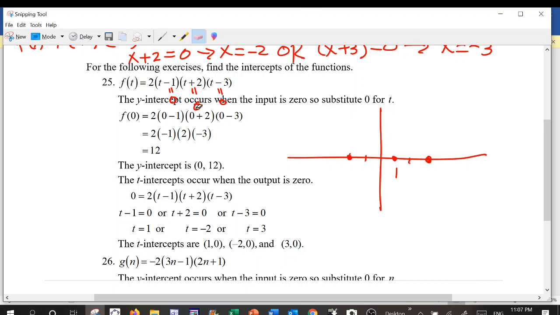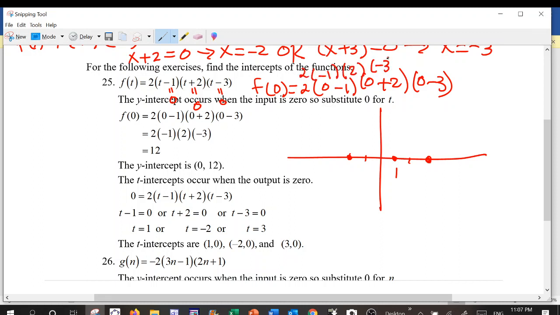And the y-intercept of this function is just f of 0, which is 2 times 0 minus 1 times 0 plus 2 times 0 minus 3. A common mistake is to say that f of 0 is 0. It's not, because these parentheses are not zeros. So this one is actually -1, this one is 2, and this one is -3.